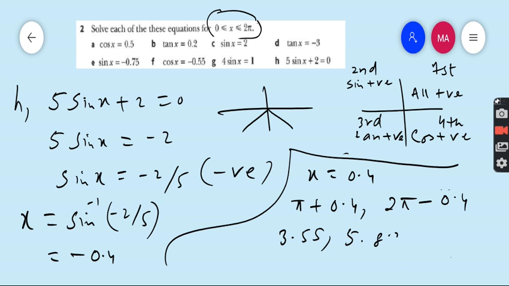Sorry, 5.88. So two answers, 3.55 and 5.88. If you have any doubt, find sine 3.55, you will get minus 2 upon 5, and find sine 5.88, you will again get minus 2 upon 5, guaranteed.